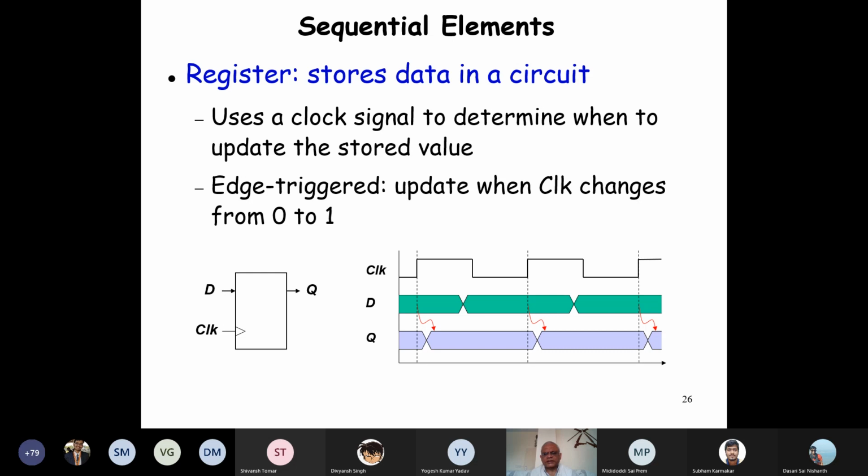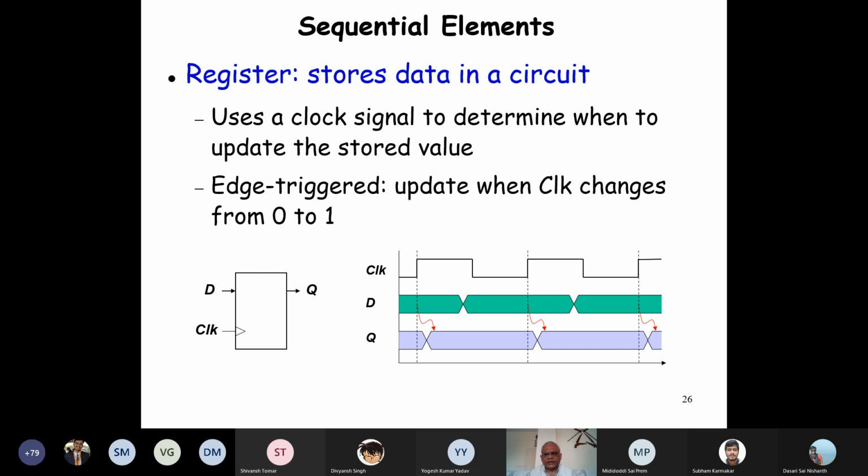Now the sequential elements. As we said, these use some storage. They can store results. See, this is a representation of a D flip-flop, which is a sequential circuit. And here there is an input D, and the output appears when there is a clock here.